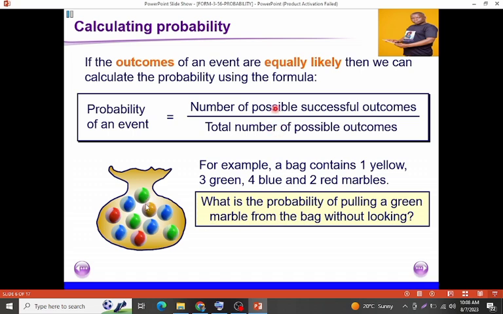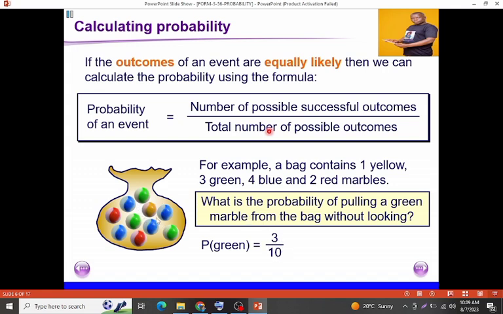So you count the number of green marbles. There are 3 here, and we have a total of 10. That means the probability that it is green shall be equal to the number of green balls divided by the total number of marbles. So it will be 3 out of 10. Take note of that.